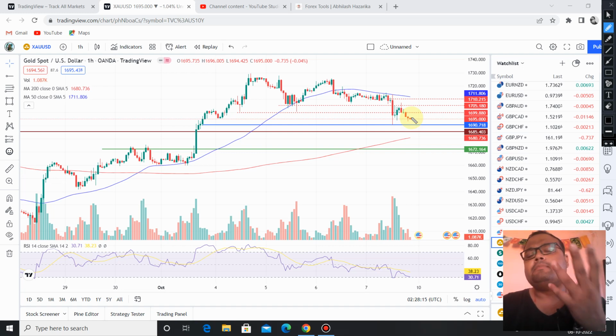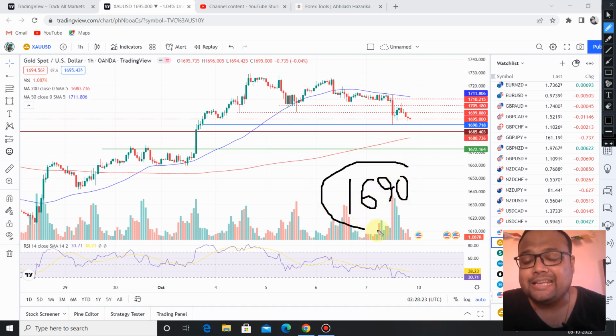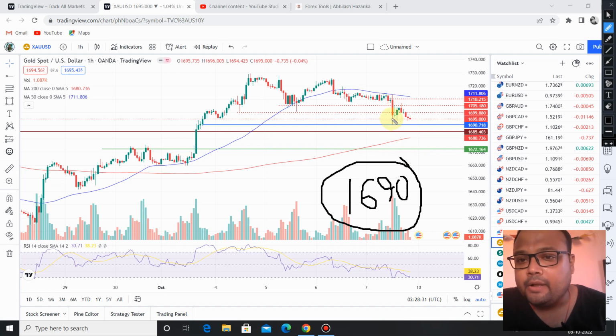If you see the Monday market is acting like a normal Monday market, then you can expect the market to reverse or bounce from 1690. So 1690 is your first support. Why are we considering 1690 as the first support? Because of price rejection from below.